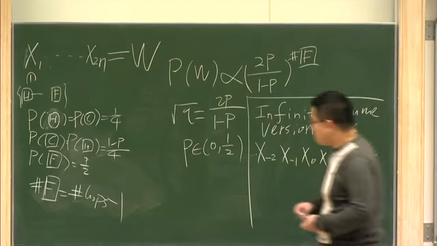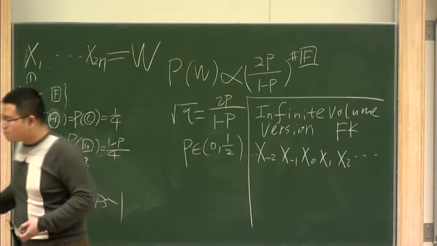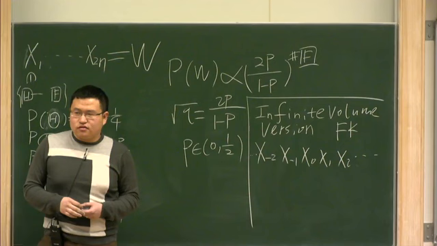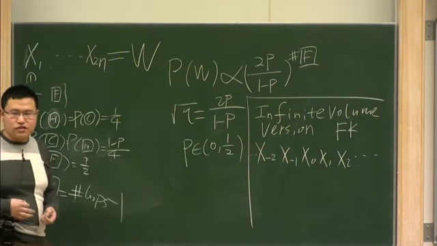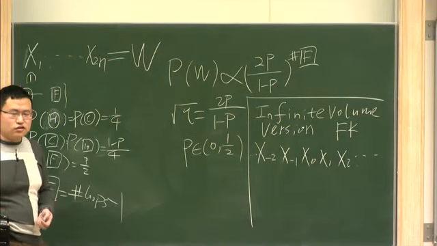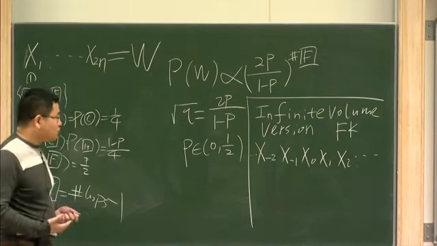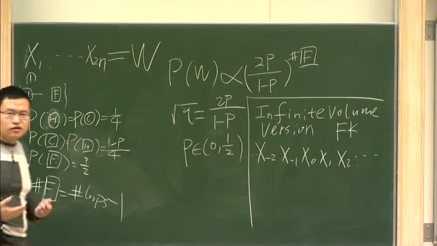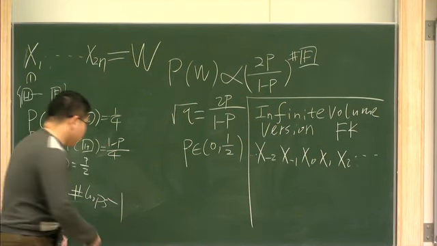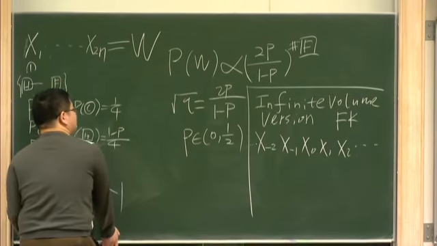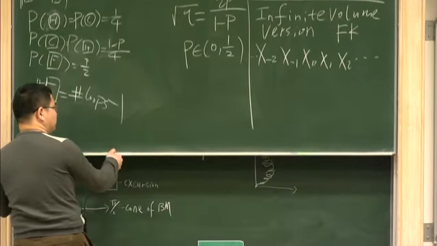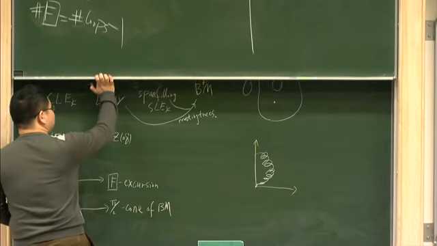Okay. So this is basically the discrete picture behind the mating of trees paper Jason just talked about this morning. So everything in the continuum actually works very nicely. I'm not going to be able to explain anything in the continuum, but I'll give you this table.